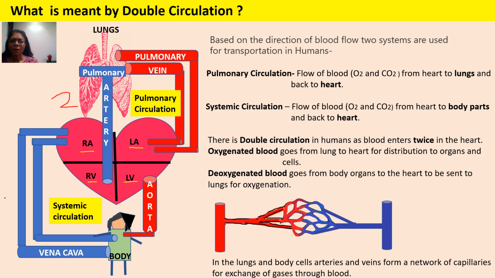So when the right atrium and left atrium are relaxing, the inferior vena cava brings blood from the lower part of the body, and the superior vena cava brings blood from the upper part of the body and empties itself into the right atrium. At the same time, blood from the left lung and the right lung is brought by the pulmonary vein into the left atrium. Now the right atrium and left atrium are filled with blood.